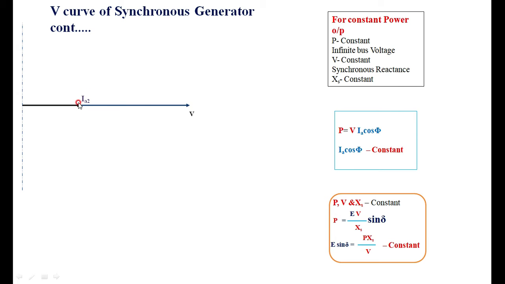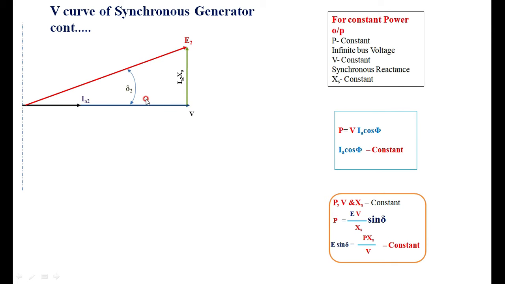For unity power factor, current and voltage are in phase. Then adding IAXs, what I get is the generated voltage E2, the voltage corresponding to unity power factor. The excitation corresponding to unity power factor is called the normal excitation, or 100% excitation.